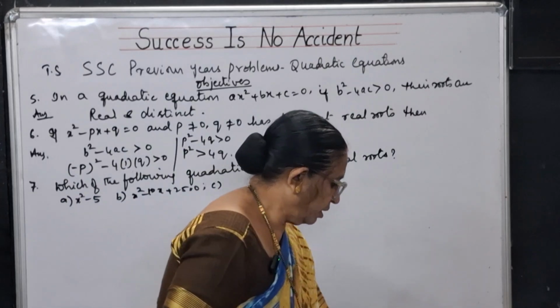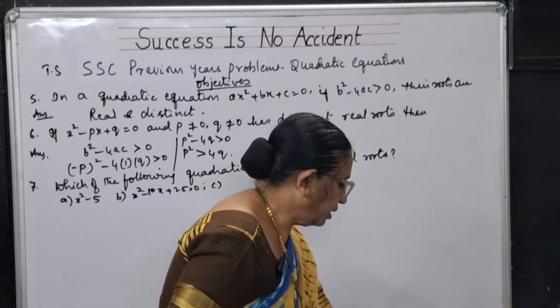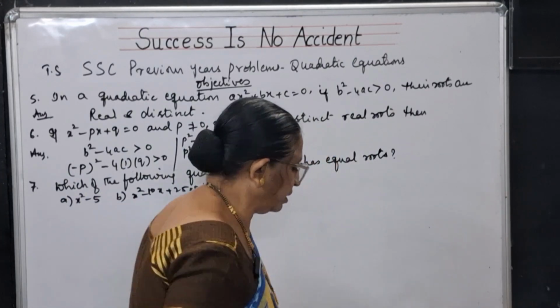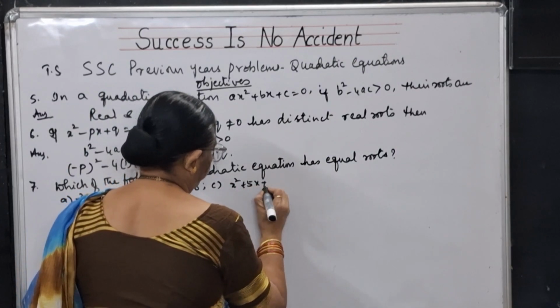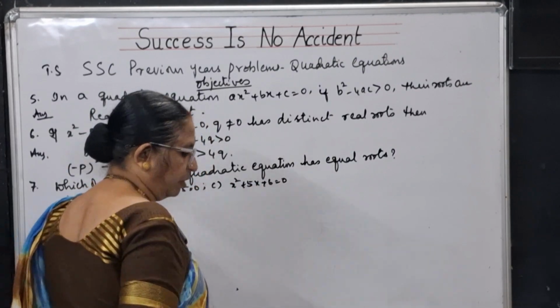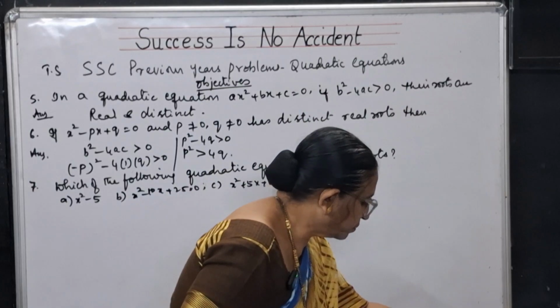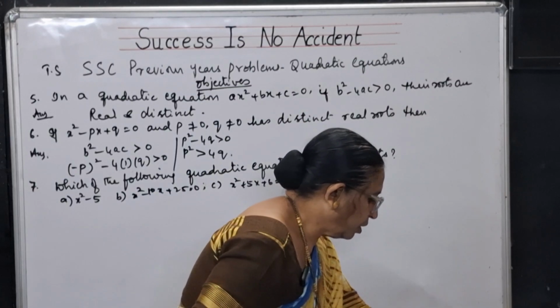Then c is x square plus 5x plus 6 is equal to 0.